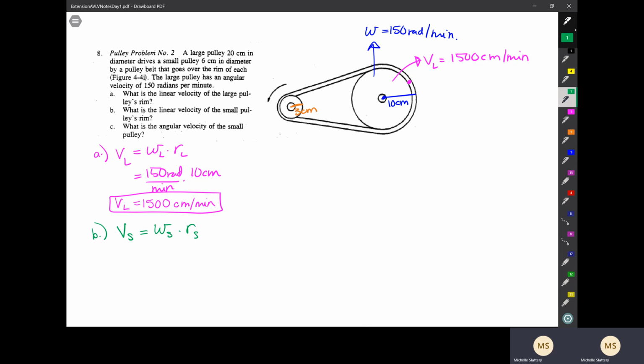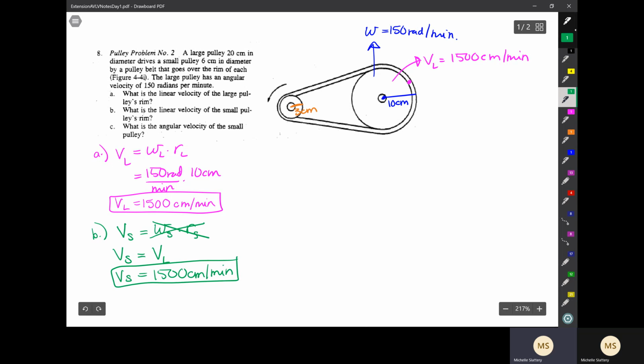So rather than using this formula, I know that the linear velocity of the small is equal to the linear velocity of the large. And I just found that in part A, so that's equal to 1,500 centimeters per minute as well. I'm going to label that here. Linear velocity is equal to 1,500 centimeters per minute. Awesome.